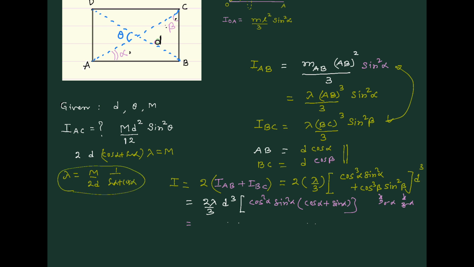So this is 2 by 3. We can remove this expression. 2 from here, we replace lambda.